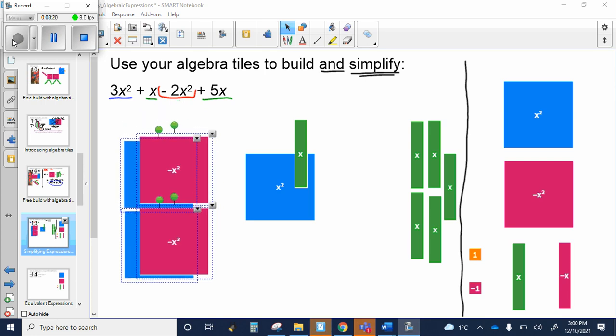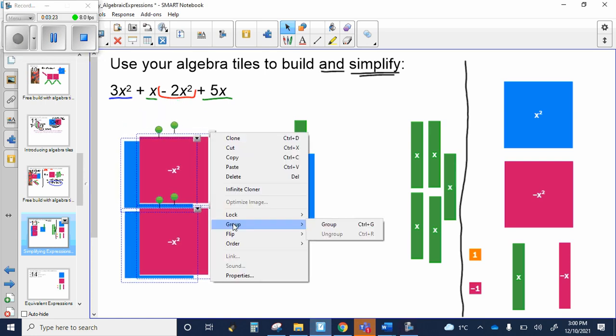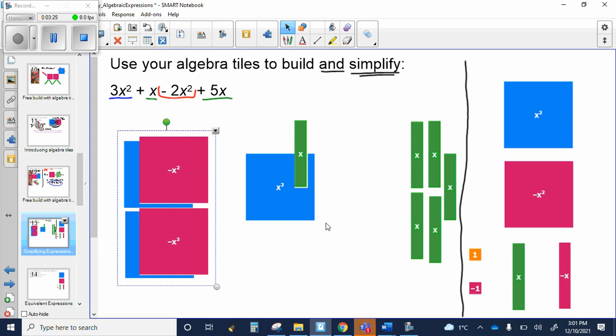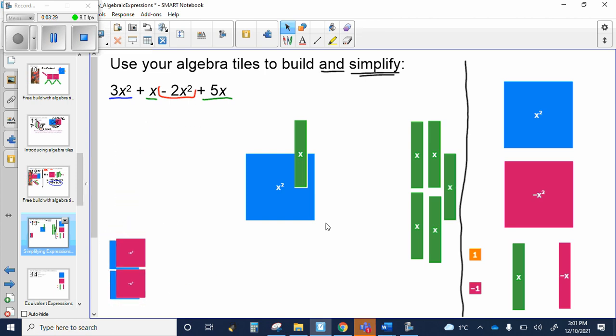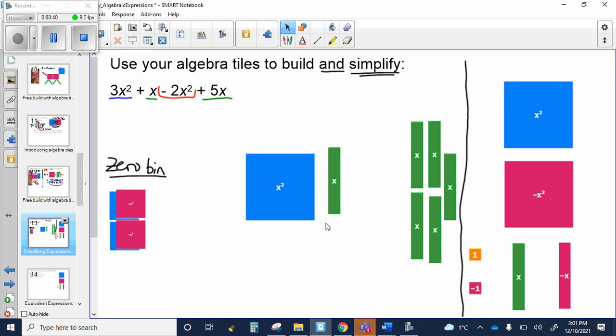I'm just going to move these out of the way. In fact, I'm just going to reduce them down. I won't delete them, but I'm going to shrink them a little bit and give myself a little more space. Okay, so let's make that our 0 bin, and we'll leave them over here in the 0 bin. So what else do we have?